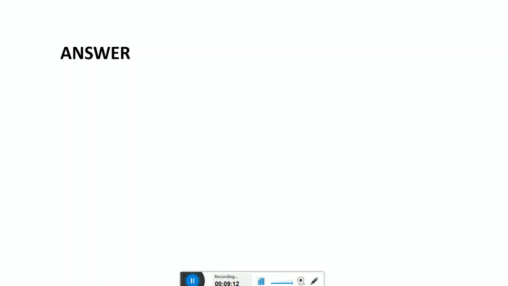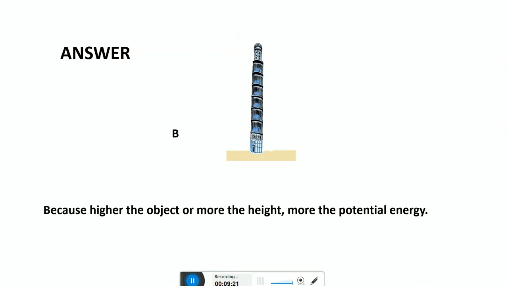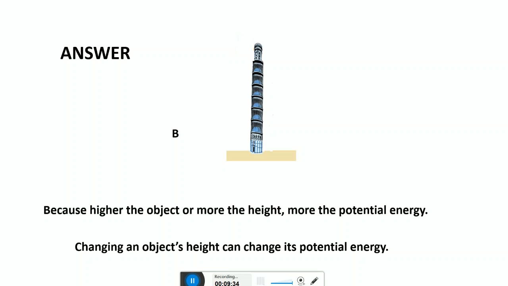So the answer is B, because the height of the tower is more than the height of the stool. Because the higher the object, or the more the height, the more the potential energy. Or changing an object's height can change its potential energy. Thank you.